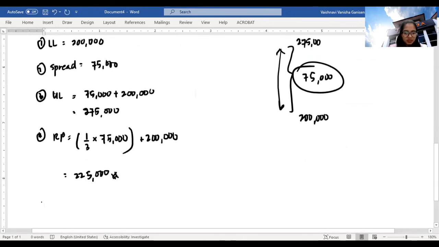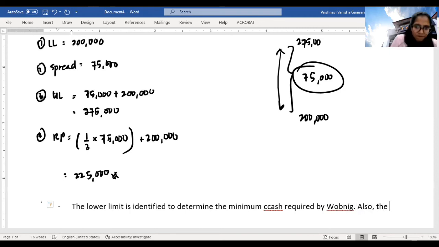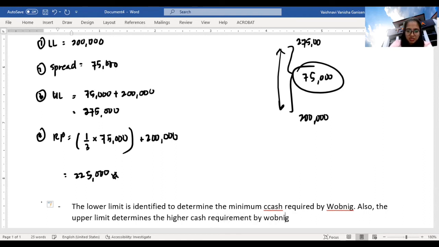The lower limit is identified to determine the minimum cash required by Wapnik. Also, the upper limit determines the higher cash requirement by Wapnik.